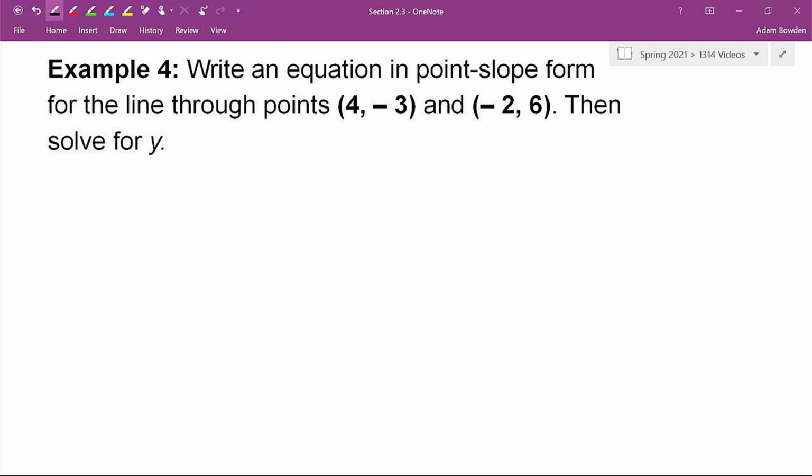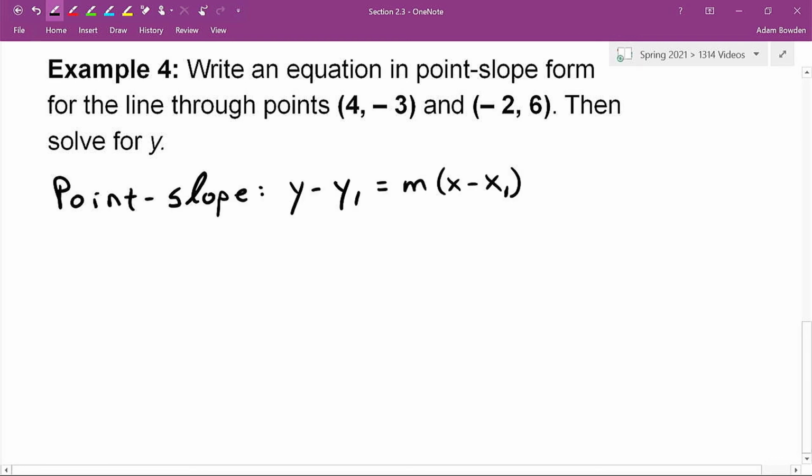On this one, it says write the equation in point slope form for the line through the points 4, -3, and -2, 6, and then solve for y. Okay, so we're going to have to use point slope form. However, we don't have the number immediately for m, but we do have 2 points, and we can calculate the slope m by using these 2 points. So x1, y1 will be the first point, and x2, y2 will be our second point.